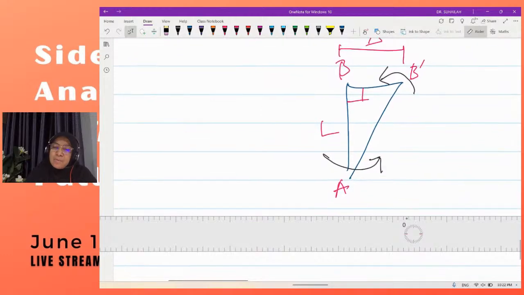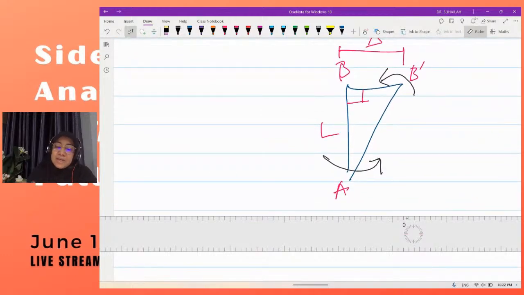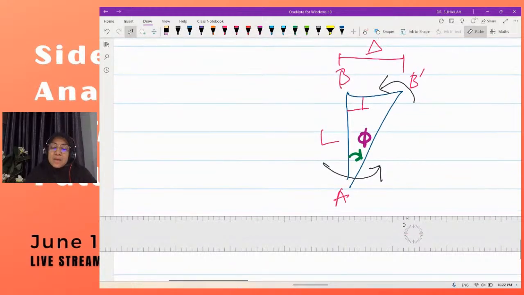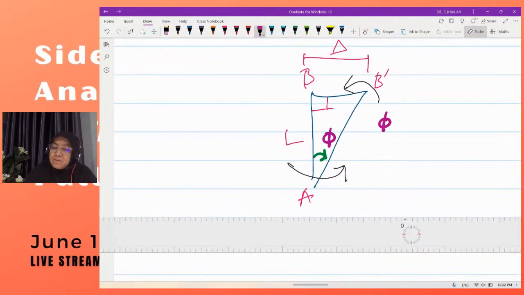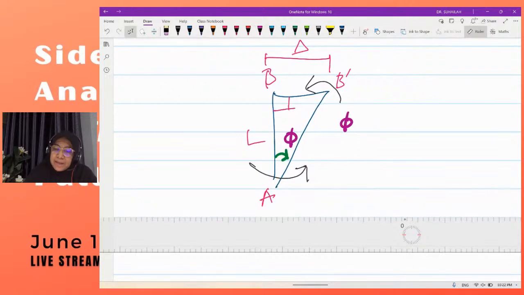From this triangular, the angle, this is called the chord rotation. The angle is positive, FEM is negative.